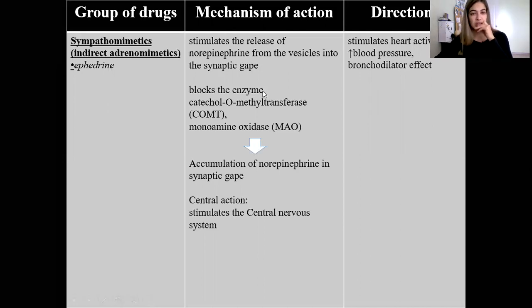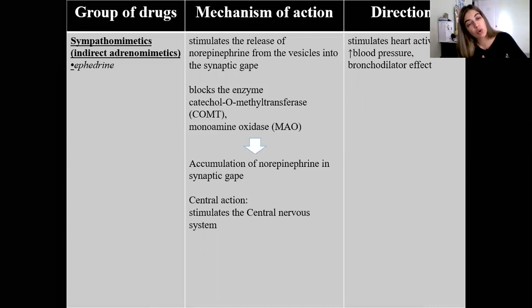Now, once again, let's see how it works. It stimulates the release of norepinephrine from vesicles into the synaptic gap. Then it blocks the enzymes catechol-O-methyltransferase and monoamine oxidase, because they will not be able to destroy this norepinephrine. When it goes outside the cell, there is a risk that it will be destroyed, but we don't want that. We want to accumulate it.